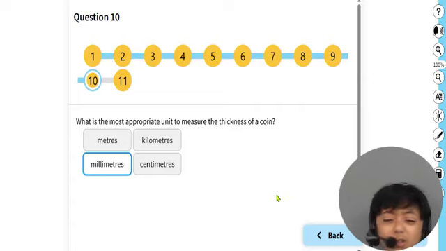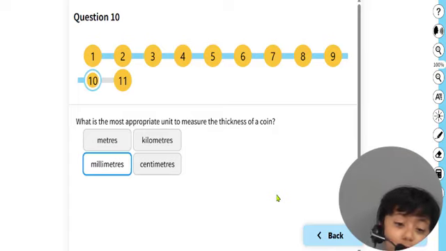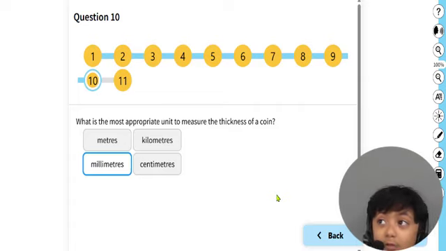You still could do it, but the most appropriate unit would probably be millimeters. In terms of meters, if it was 1 millimeter, it would be 0.001 meter. And for kilometers, it would be 0.000001 kilometers.